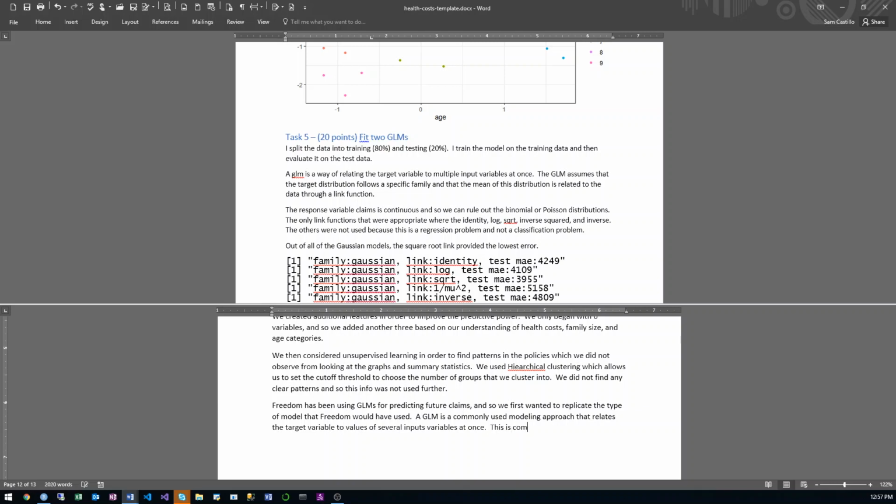This is commonly used in insurance rating because it is easy to interpret and can adjust for different claims distributions.